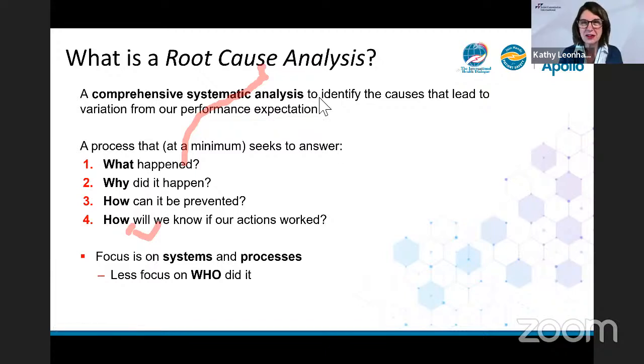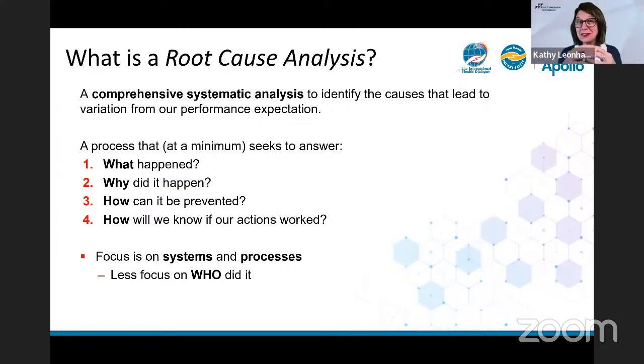So, what is a root cause analysis? Well, I'm going to clear our screen here if I can. There we go. A root cause analysis, a better definition, is really a comprehensive systematic analysis, because that's the intent of it. We're looking at identifying those causes that may lead to variation from our performance expectation. Let's think about that definition. It talks about this analysis of the entire system, a comprehensive systematic analysis, more than one system, right?